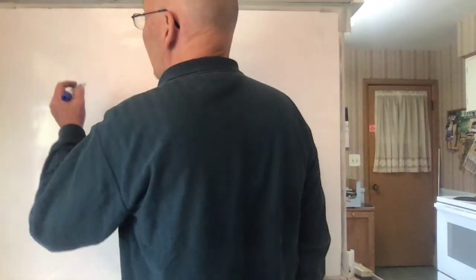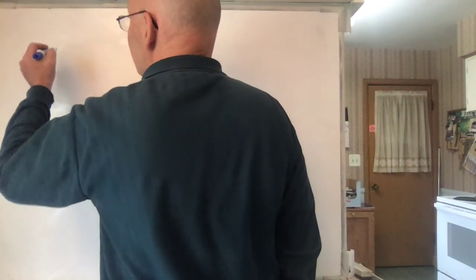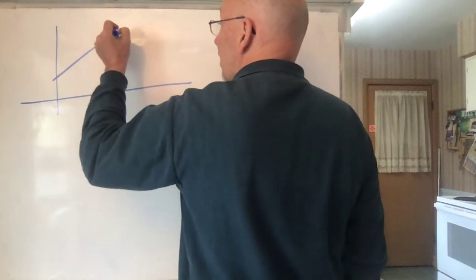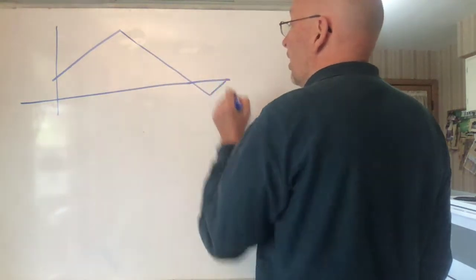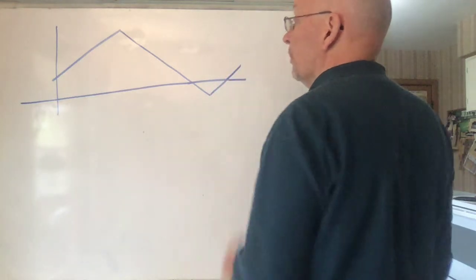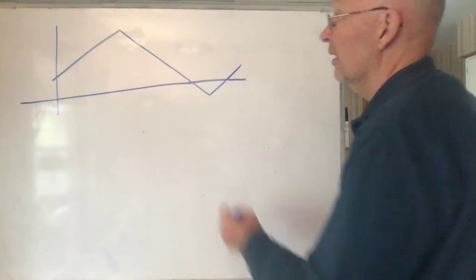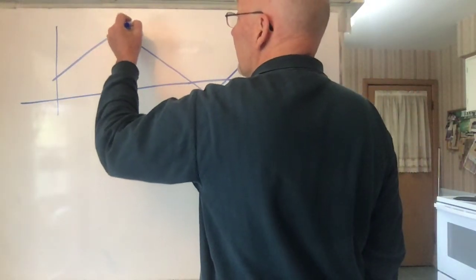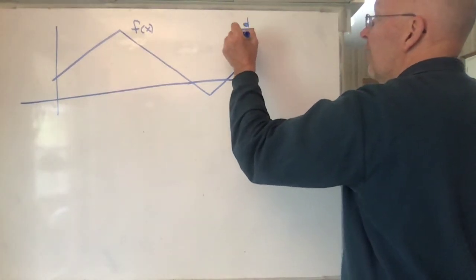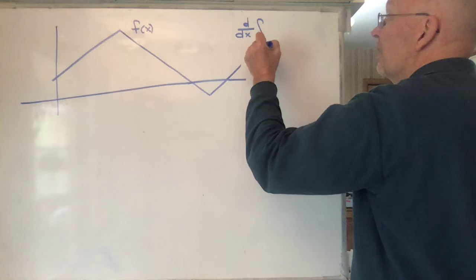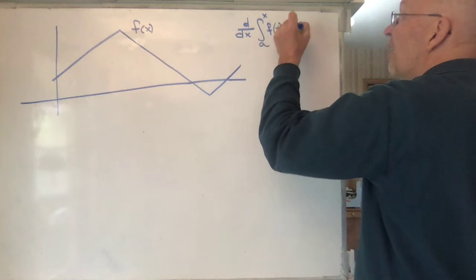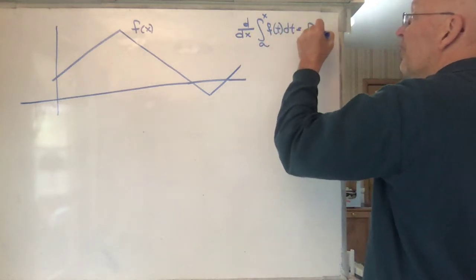The one thing I want to do right now is just to explore one more time why it is that this strange relationship happens, where the derivative of the integral gives you the value of the function.